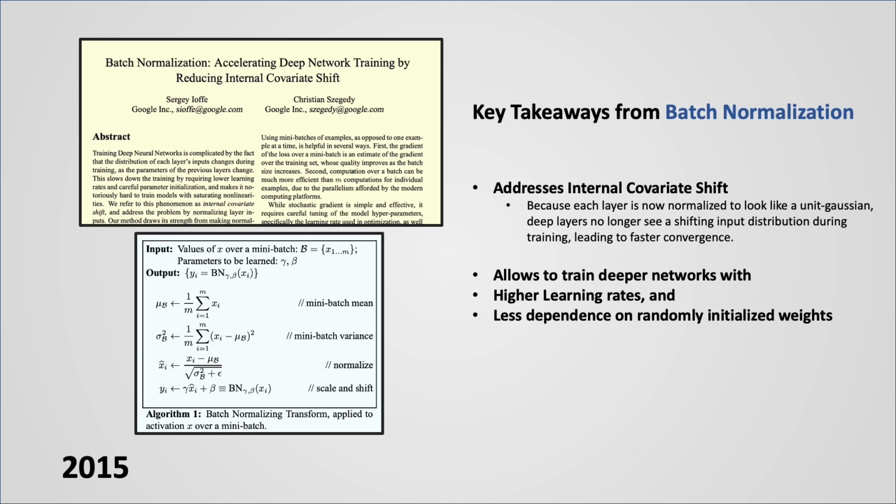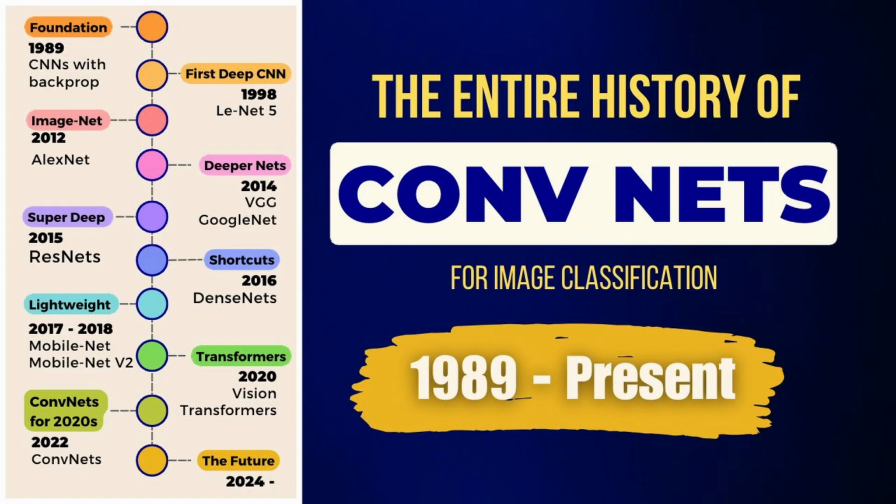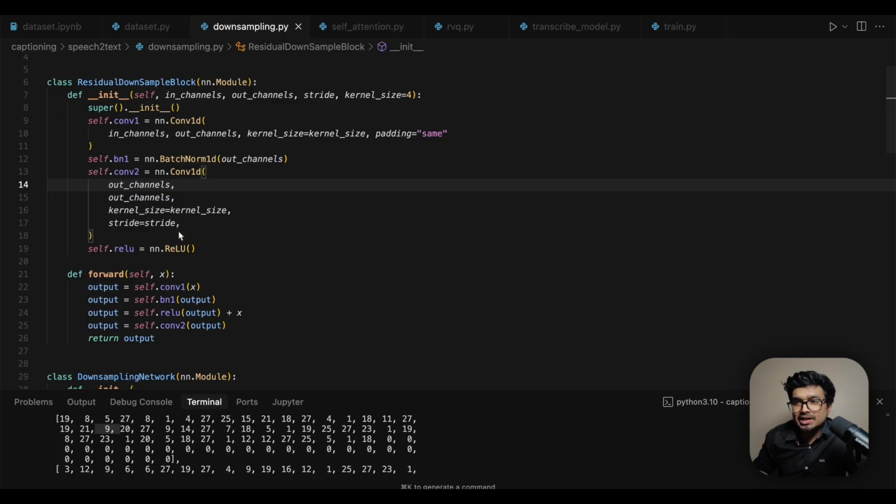So batch norm kind of addresses this by fixing the output distribution of its layer to a unit Gaussian distribution. And I have a whole video on the history of convnets, and in that video I do describe all of this in much greater depth. Coming back, the important thing is the second convolution layer. The second convolution layer has a stride attached to it.